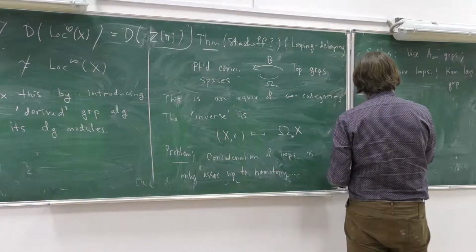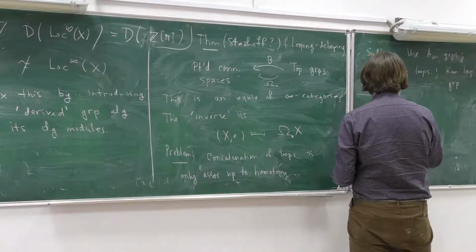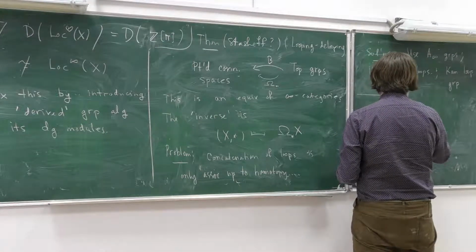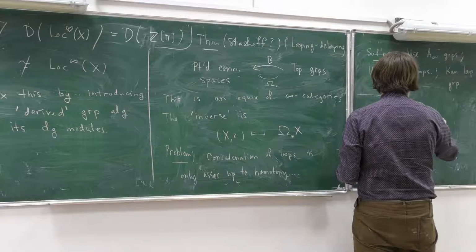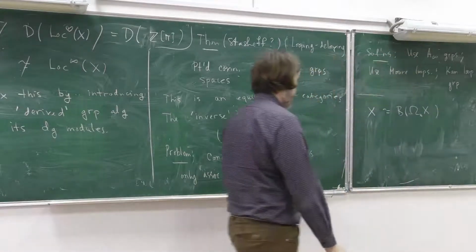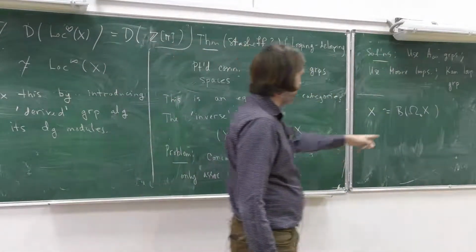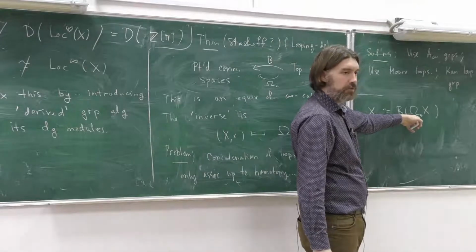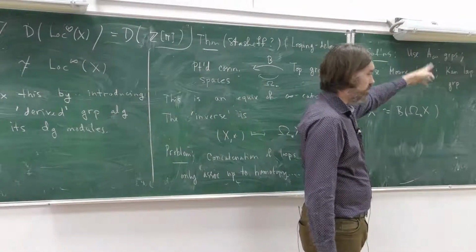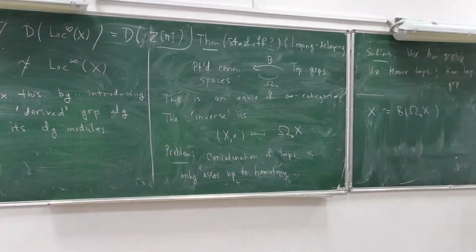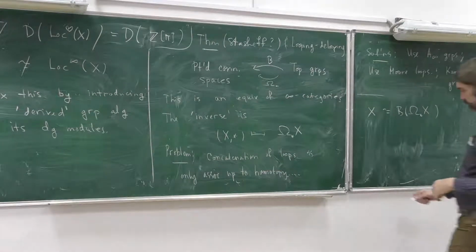So X is weakly equivalent to the classifying space of some group, which I'll call omega X, where you need to interpret this in whatever way makes you feel comfortable, one of these ways. And we want to study local systems on this.